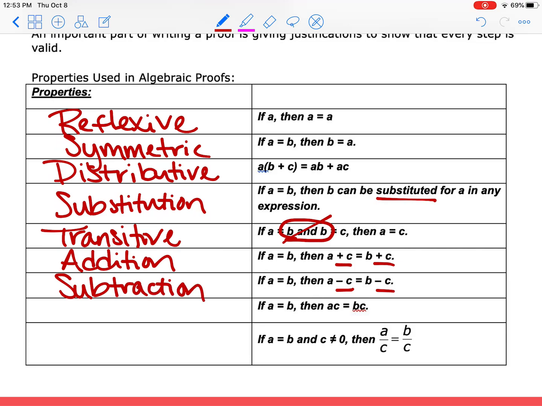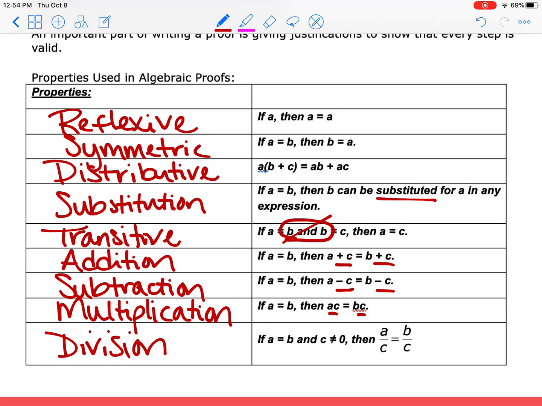The next one, we see C being multiplied on both sides, so your multiplication property. And the last one, we see that C is being divided on both sides, so your division property. So keep these handy so that we can use them as we're working through our proofs.